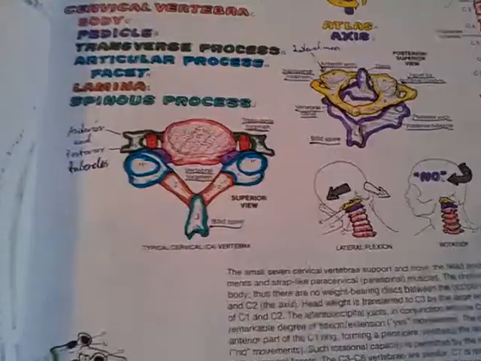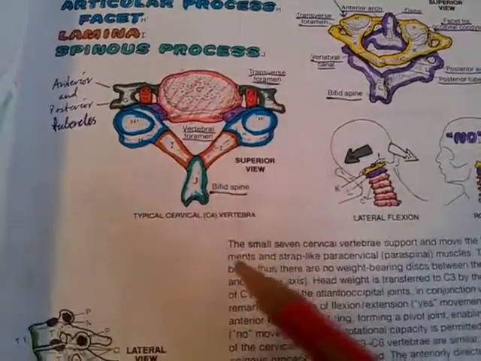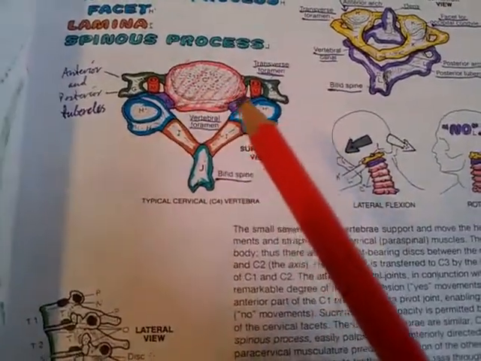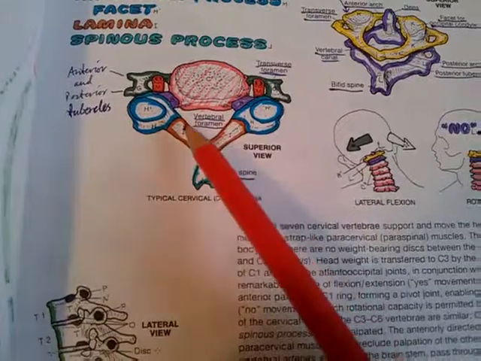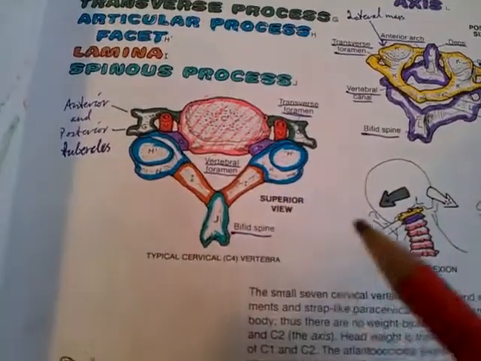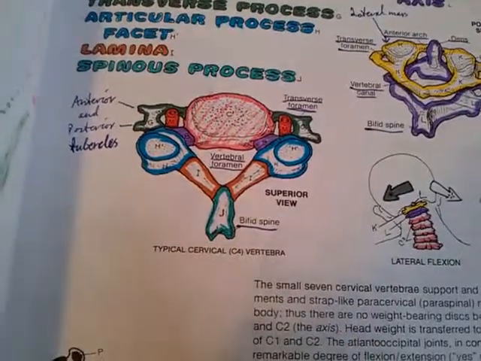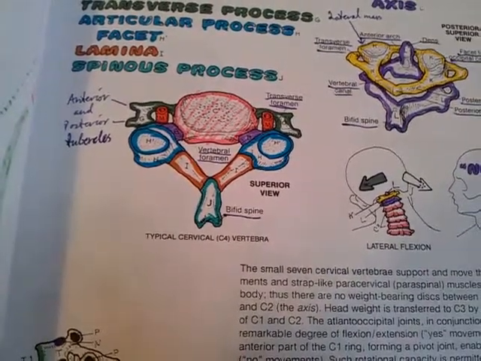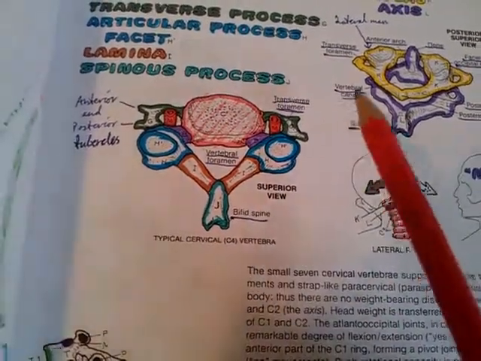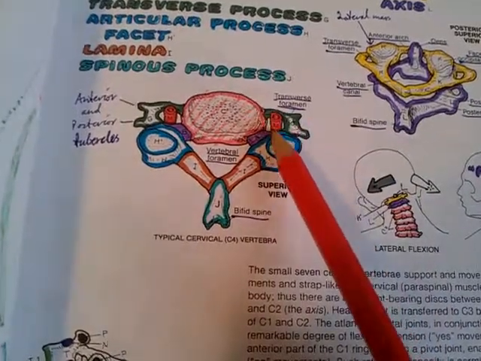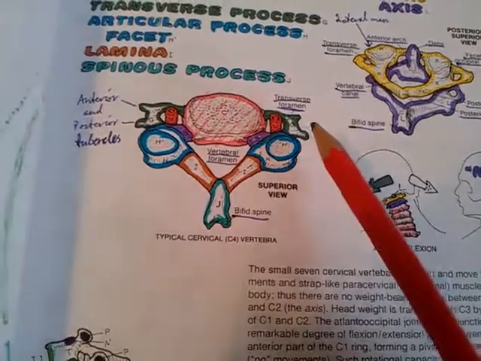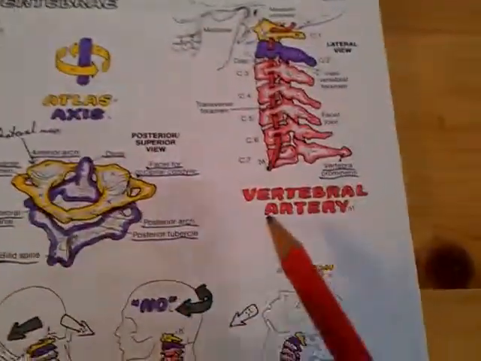A typical cervical vertebra has a small body, a large triangular vertebral foramen, and it has a transverse foramen in the transverse process. This transmits the vertebral artery.